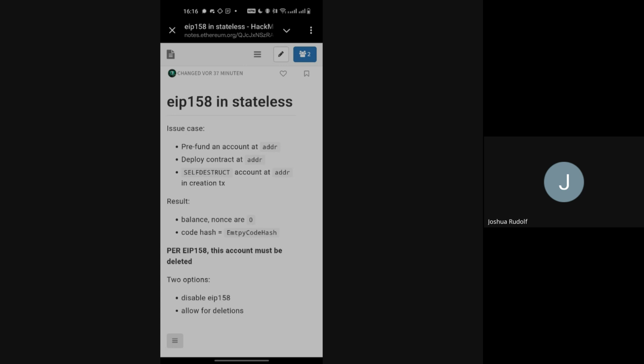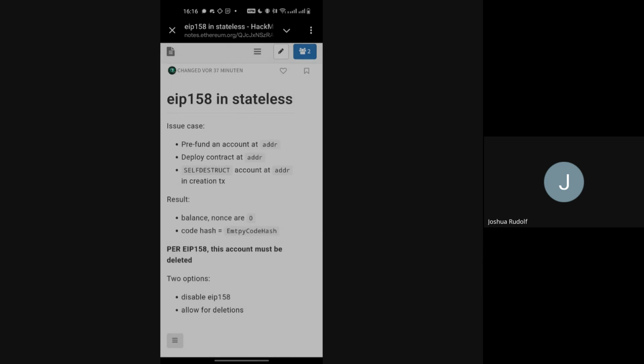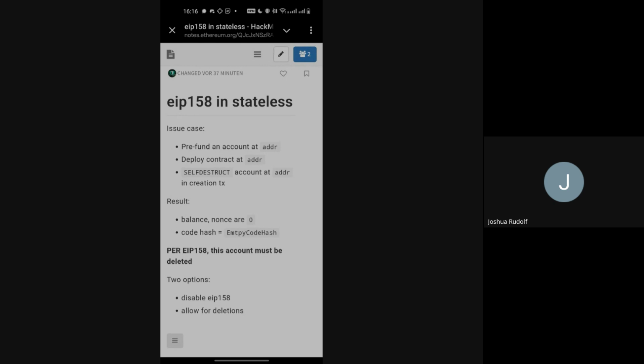The way it works is you have this pretty common pattern where you send funds to an address, and then deploy a contract at this pre-funded address with a create2. And the question is, what happens if a self-destruct happens during the same transaction in which you deploy the contract?